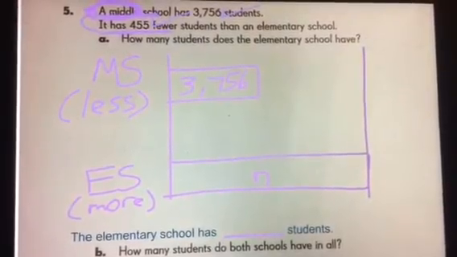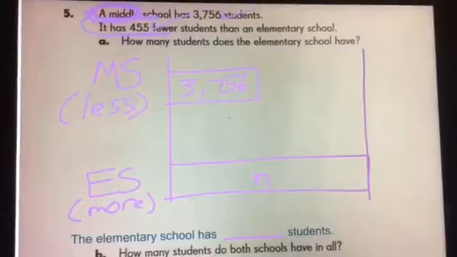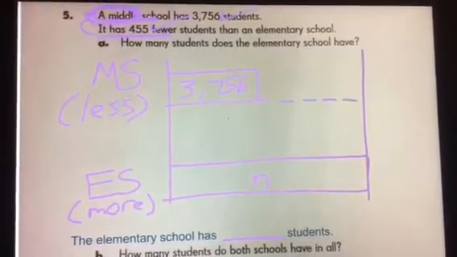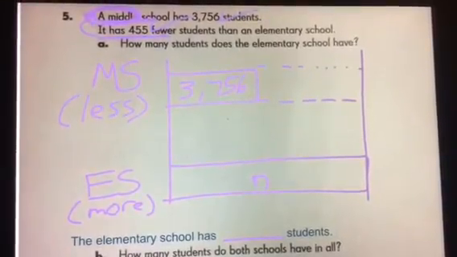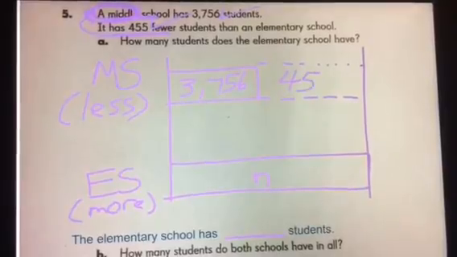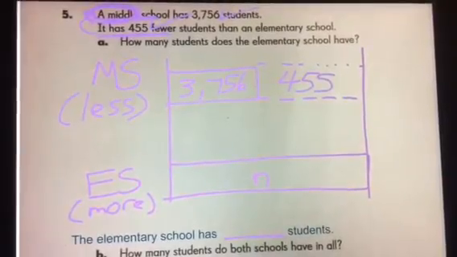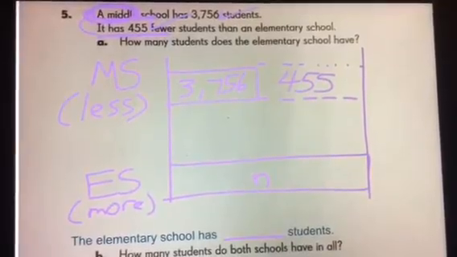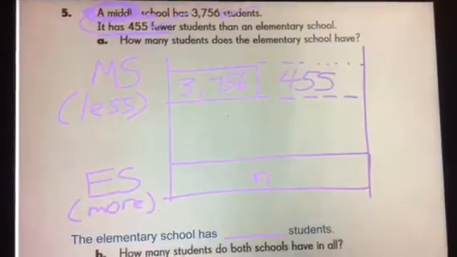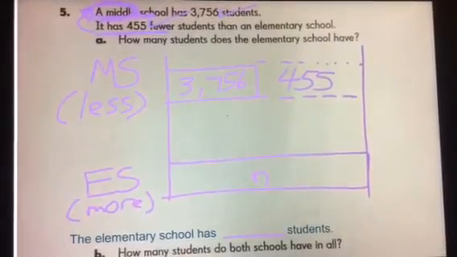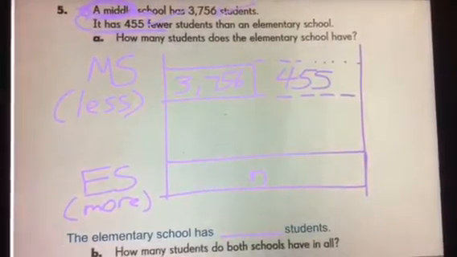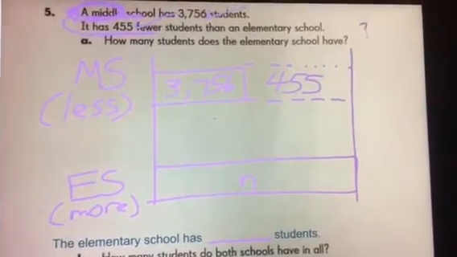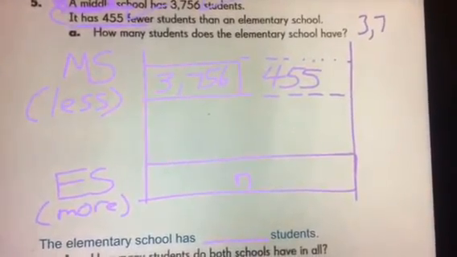Okay, so where do we put the 455 fewer? Right here in the dotted line, because that shows us that if there are 455 fewer middle school students, that means there are 455 more elementary school students. You get that? So let's add them together.